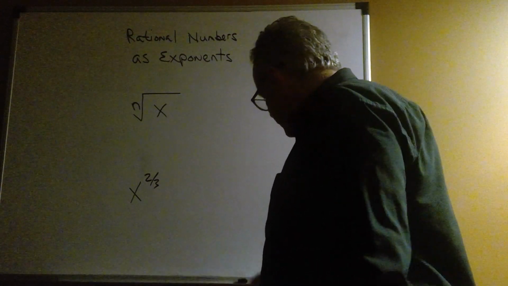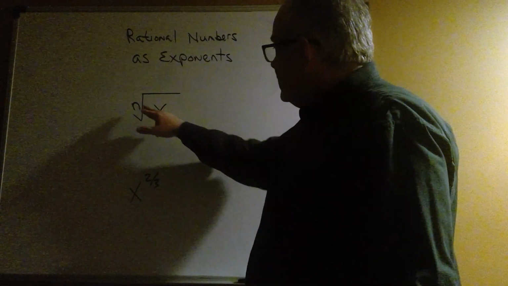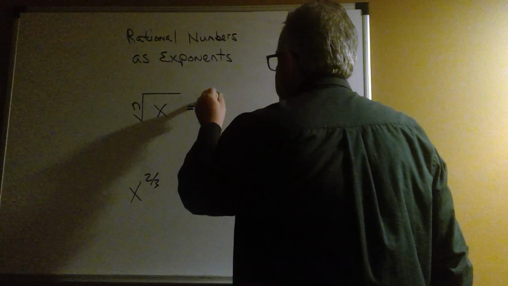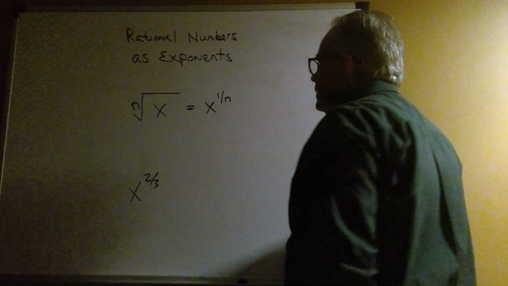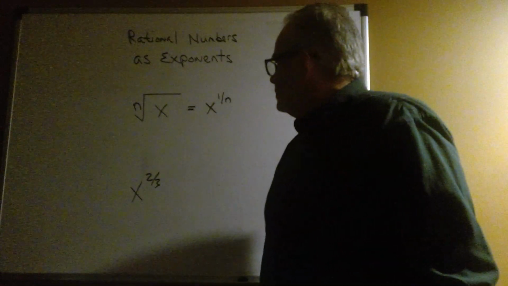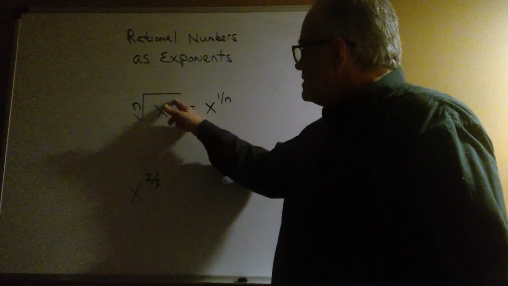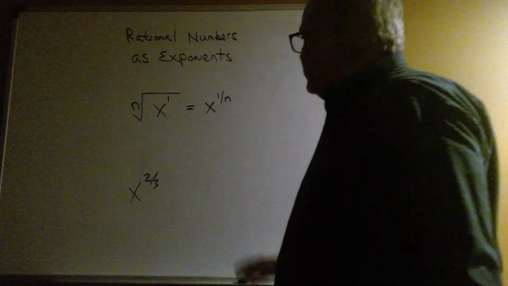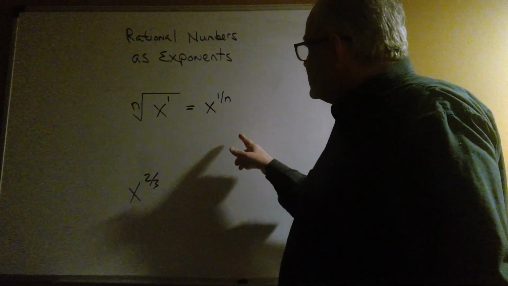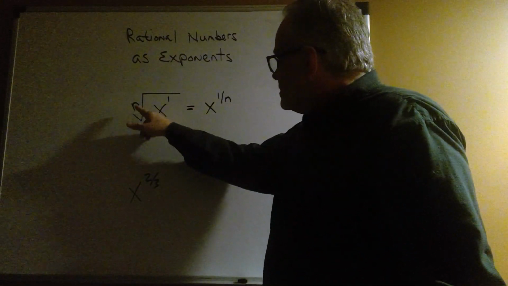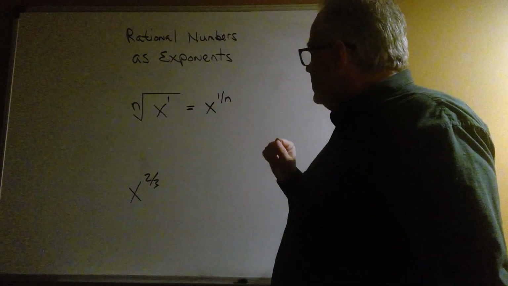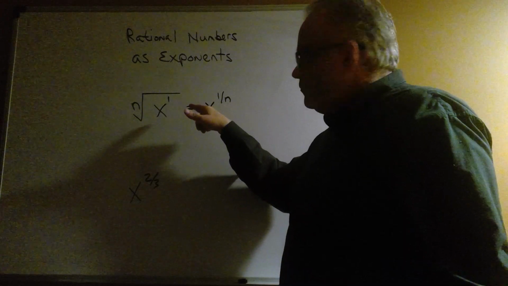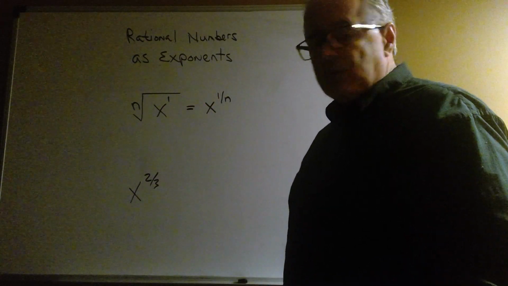Where does this come from? Okay, so if I have the nth root of x, then I could write this as x to the 1 over n in this case. And why is that? Because this x has an exponent of 1, really. So when I write this out, I can say, oh, the n is the index number, and the 1 is what this x is raised to. Okay, and that's it.